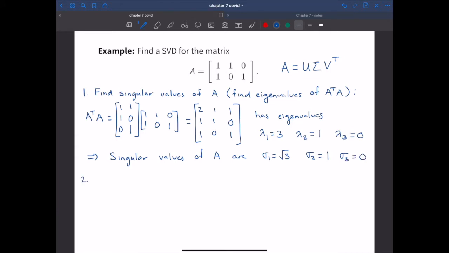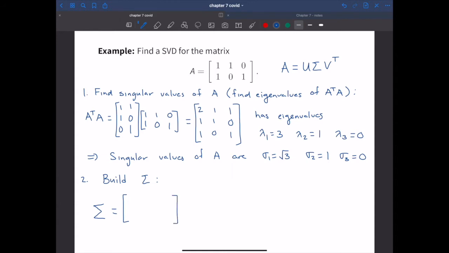So with this information in hand, we have enough information to build the matrix sigma. So our next step is going to be to build sigma.